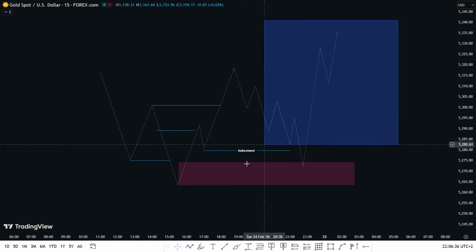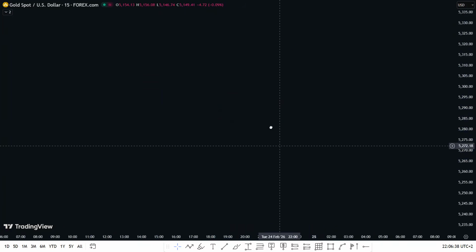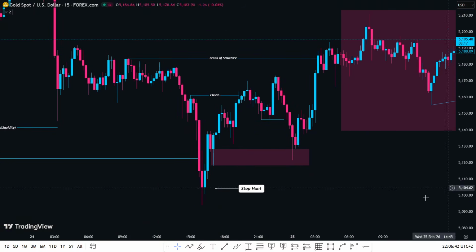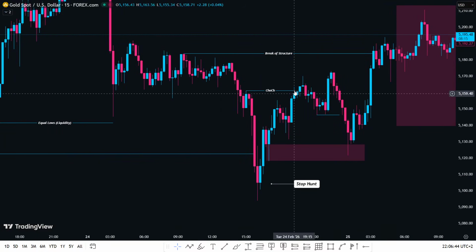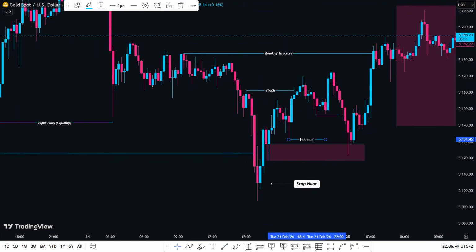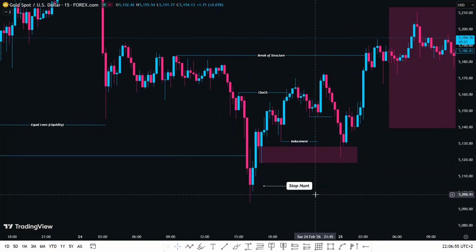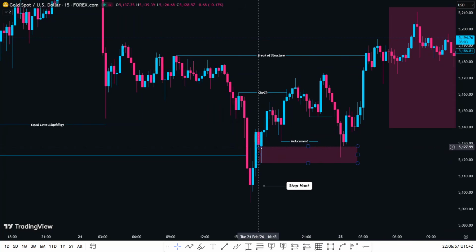So let's quickly look for that on the chart and see how price actually behaved. You can clearly see we created that stop hunt and change of character. What we have right here is your inducement. Because if you have an area of support, you'd anticipate seeing price retest that level.